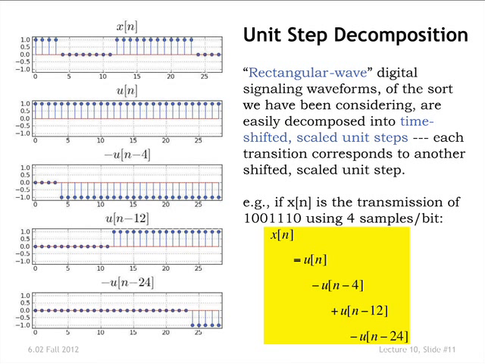You may have seen this in recitation last time as well. So you can take an input of this type and write it as a linear combination of unit step functions. A unit step function that has its step at 0, minus one that has its step at 4, plus one that has its step at 12, minus one that has its step at 24. Okay, so if you combine those, if you add up all of these, you're going to get that input.